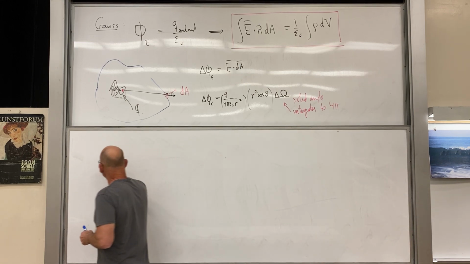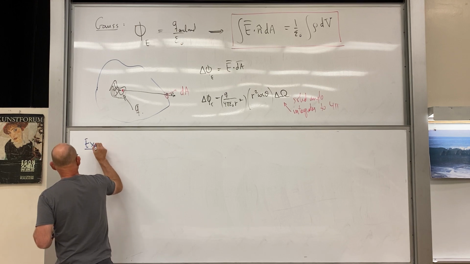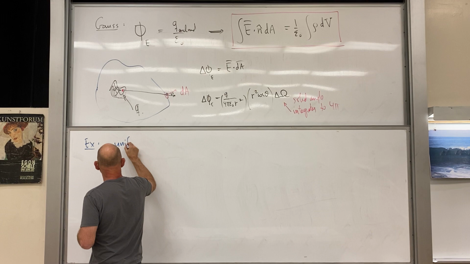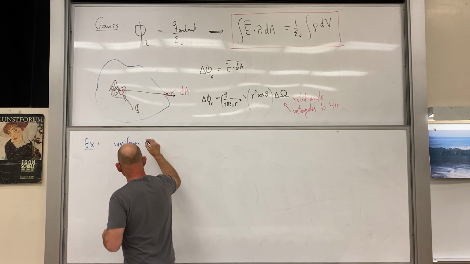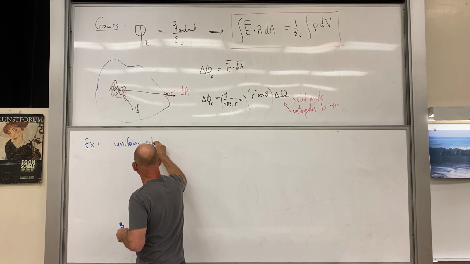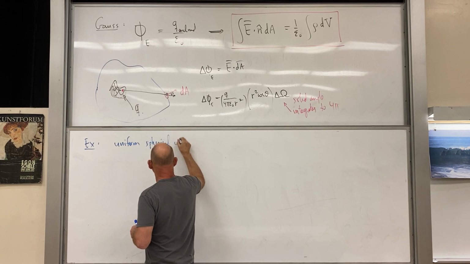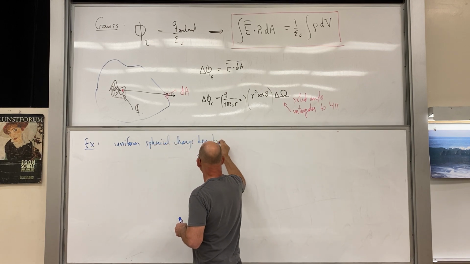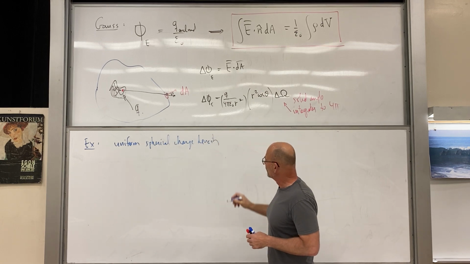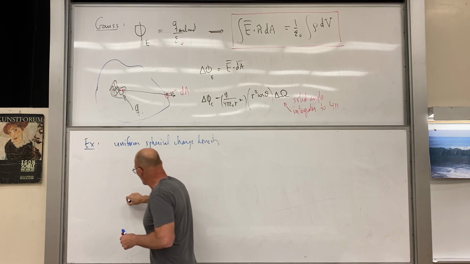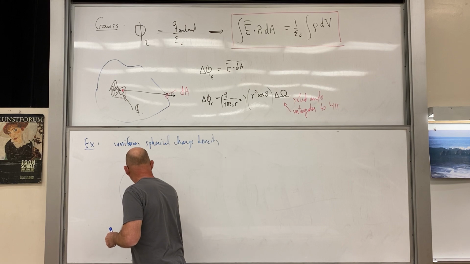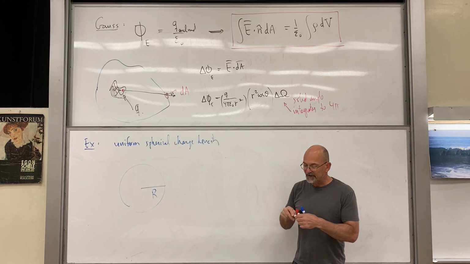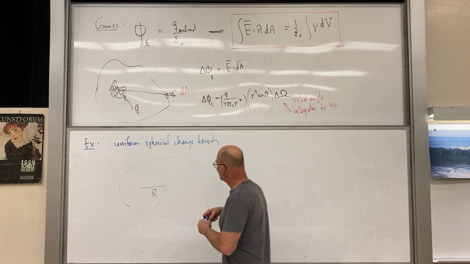So the example was uniform charge density. Density such that we have a sphere of radius R, and we wanted the field inside and the field outside. So that one I did.